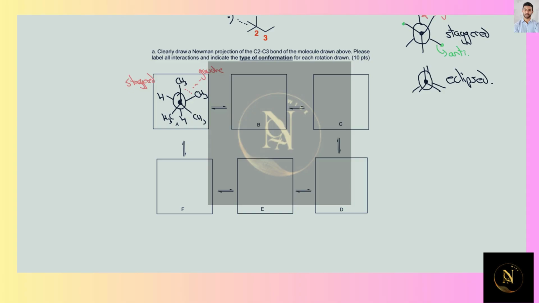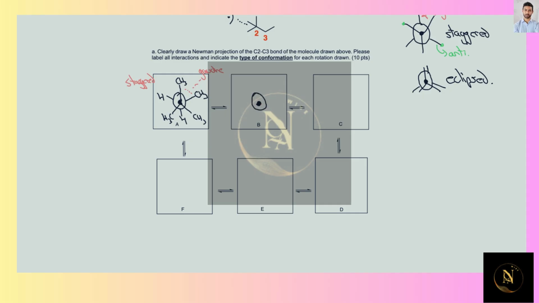Now we're going to rotate this 60 degrees towards the left, and what we're going to have is an eclipse configuration. So let's draw this again. For simplicity, I'm going to rotate the carbon atoms that are on the front.